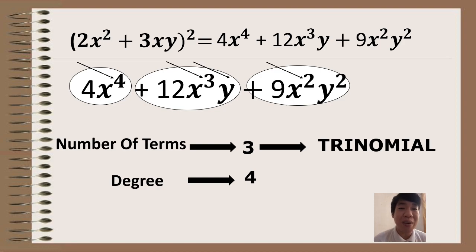In the first term, 4x raised to 4, the degree is 4, while in the second term, 12x cubed y, 3 plus 1 is 4 also. 9x squared y squared, 2 plus 2 is 4 also. And we can say it is a quartic.